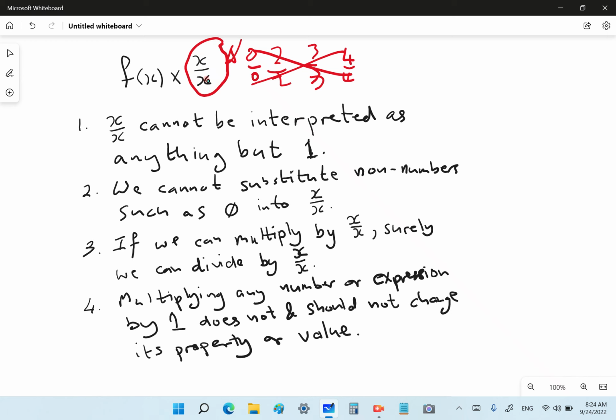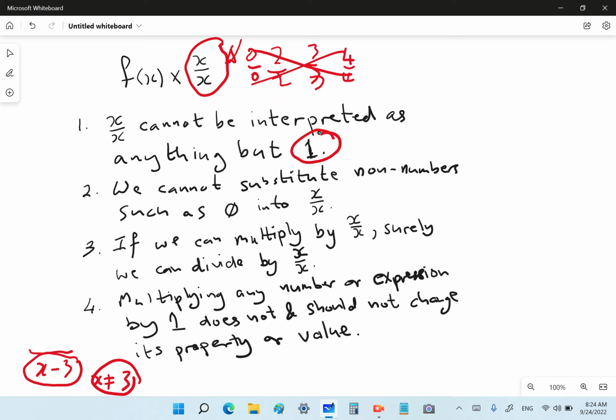If we multiply by x over x, surely we can divide by x over x? I mean, it's so stupid when they write expressions such as x minus 3 and then say x cannot equal 3. Obviously not, because this expression must be a number, right? But at the same time, if we multiply by an expression which has the same value on the top and the bottom, it can only be interpreted as 1.